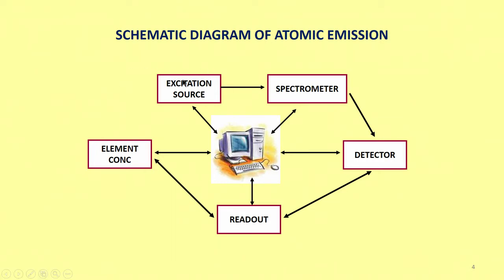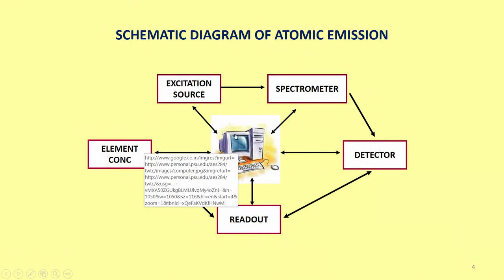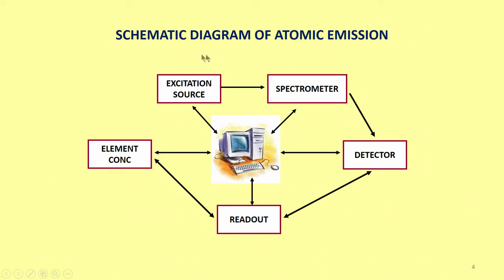Among those, ICP only we are talking about much more. So, what is an excitation source? I need to provide a space where high temperature is available to excite the sample atoms. That is my excitation source, that is inductively coupled plasma, ICP.